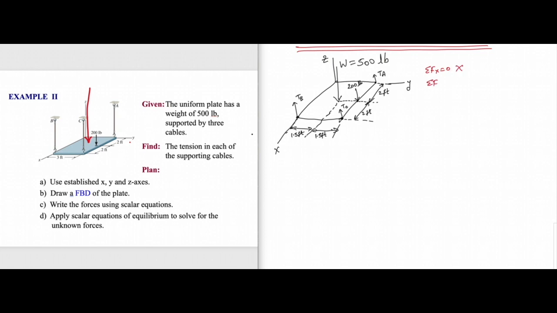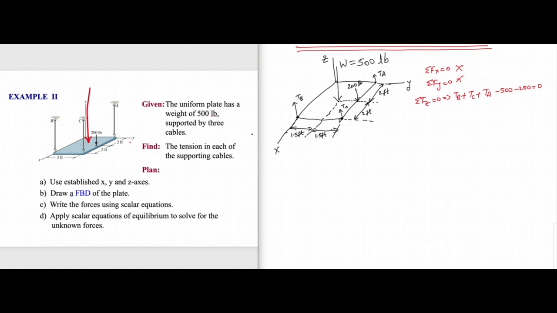Sigma Fy equal to 0, even this equation is not useful. The only equation that is useful is sigma Fz equal to 0, where we can write TB positive, TC positive, TA positive, negative 500, negative 200 is equal to 0. At least this equation is useful for us.